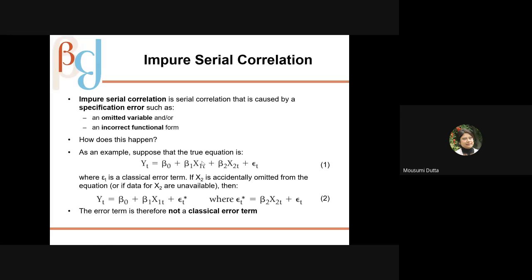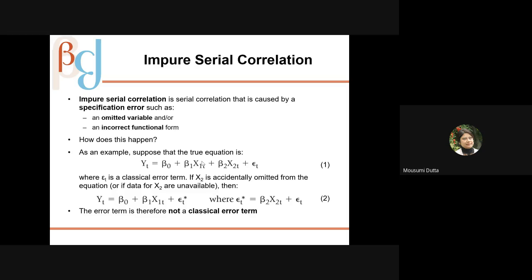So far I talked about pure serial correlation. That is, the source of correlation is coming from the nature of the error term. There can be other sources of serial correlation, for example, omitted variable and incorrect functional specification.